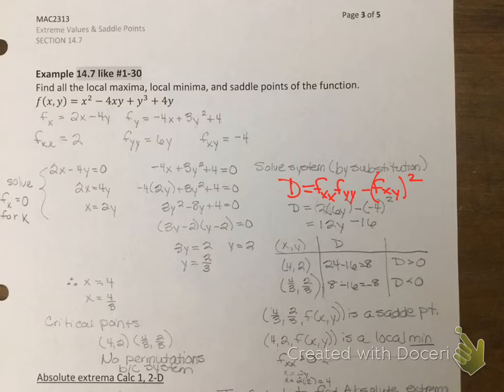It's probably a good idea for you to write down your discriminant a couple times. So here it is again. So f sub double x, f sub double y, f sub xy, quantity squared.